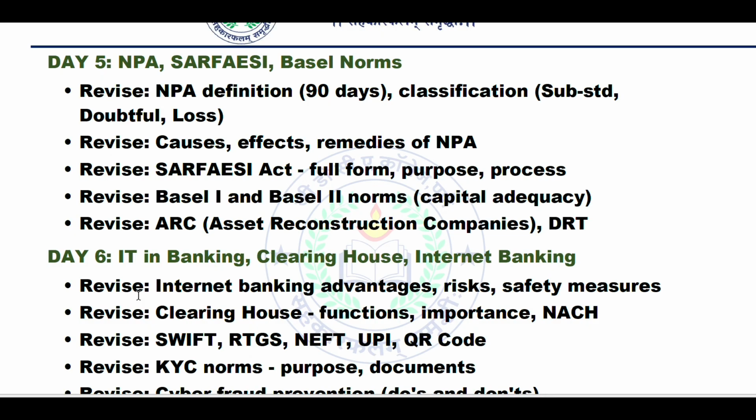Day 5, you must revise NPA, SARFAESI, and Basel norms. This is very important. Revise NPA definition and remember 90 days, then NPA applies. Classification: substandard, doubtful, and loss. Revise causes, effects, and remedies of NPA. Revise the SARFAESI Act.